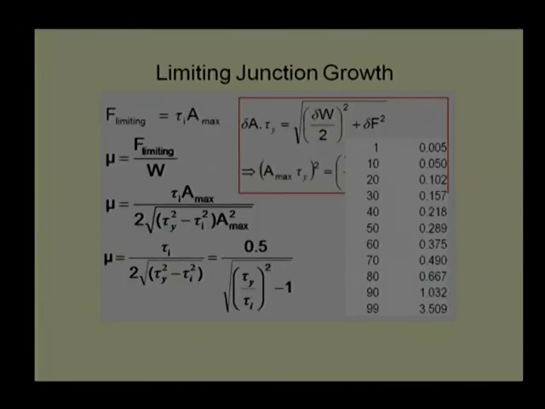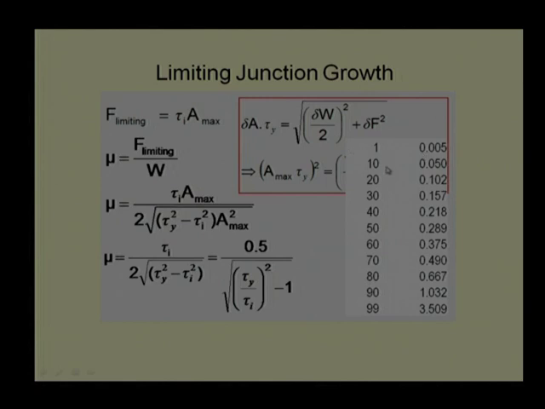Let us take an example where tau I by tau y is given in some ratio. Let us take tau I divided by tau y as 1%, or 0.01. If the interface shear strength is just 1% of the soft material shear strength, the coefficient of friction is almost negligible, it is 0.005.